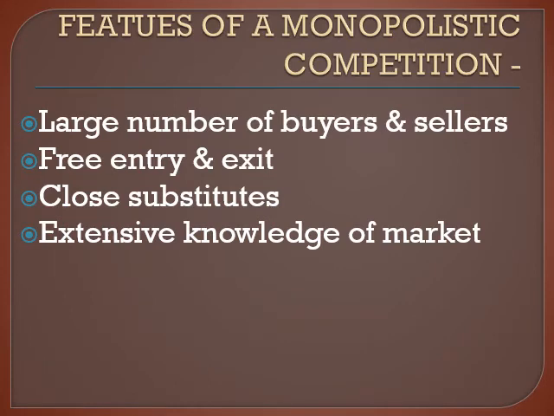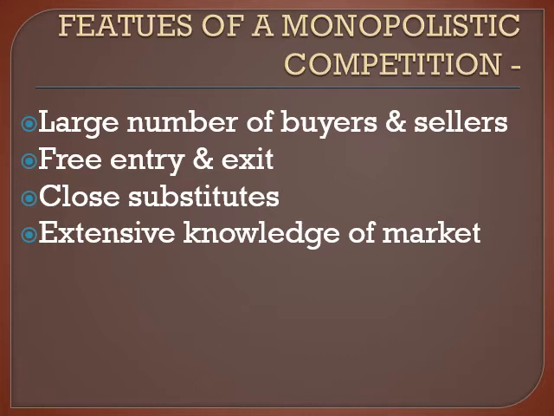In a monopolistic competition, buyers do not know everything, but they have relatively complete information about the alternative prices. It's not that they know every single thing about the market, but they have some idea about the alternative prices. They have some information about the brand names and about product differences.